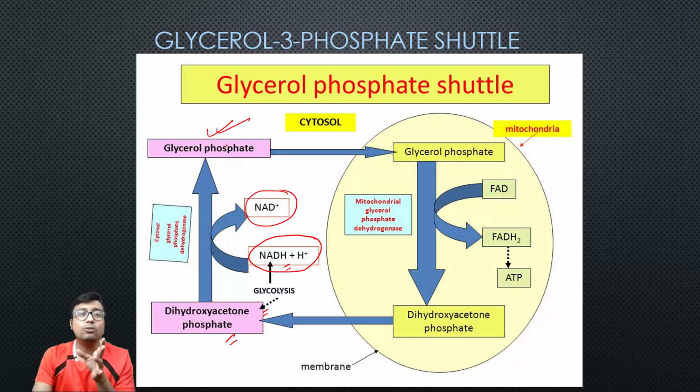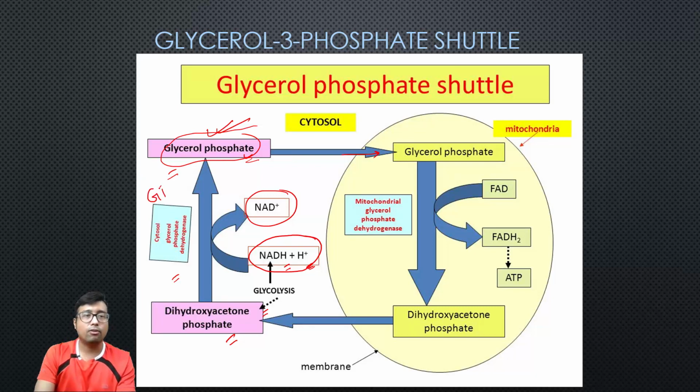We need to utilize the NADH present in the glycerol phosphate to produce ATP. So how does it happen? This glycerol phosphate from the cytosol is transported into the mitochondria.